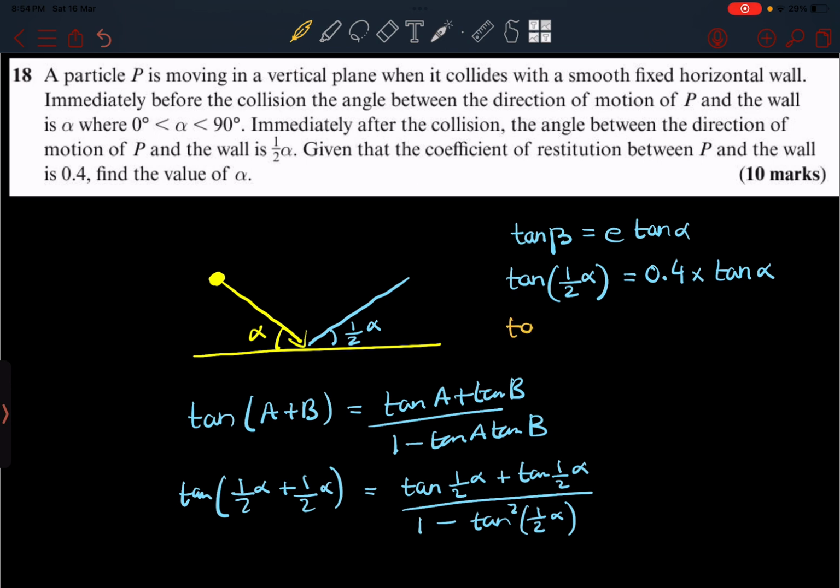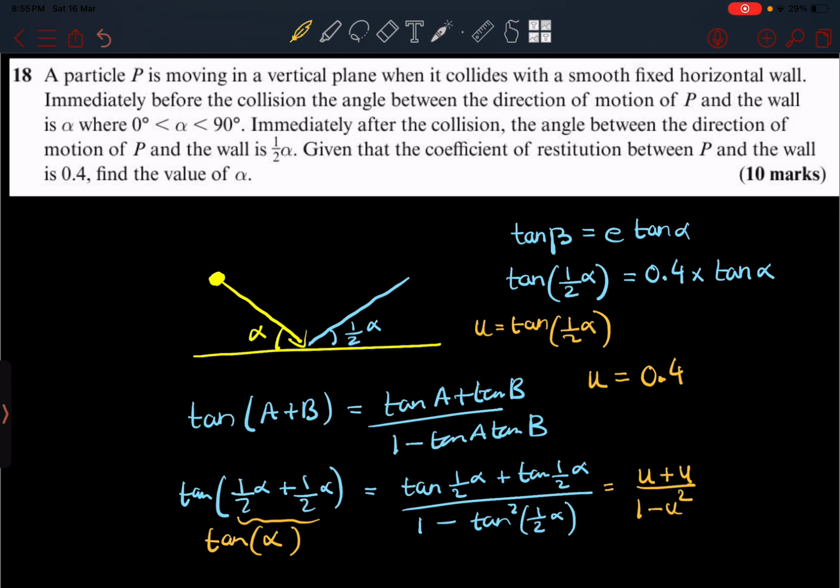So let's bring all of those into the equation here. In fact, let me make this even easier. If I call tan half alpha as u, I can make my life much easier. So u is equal to 0.4 times tan of half alpha plus half alpha. This was in fact tan alpha, so tan alpha has now become u plus u over 1 minus u squared.